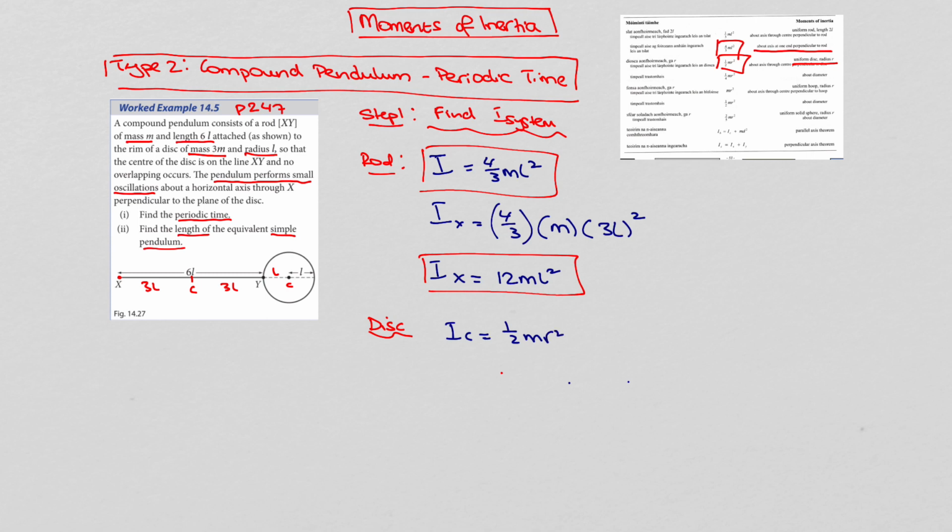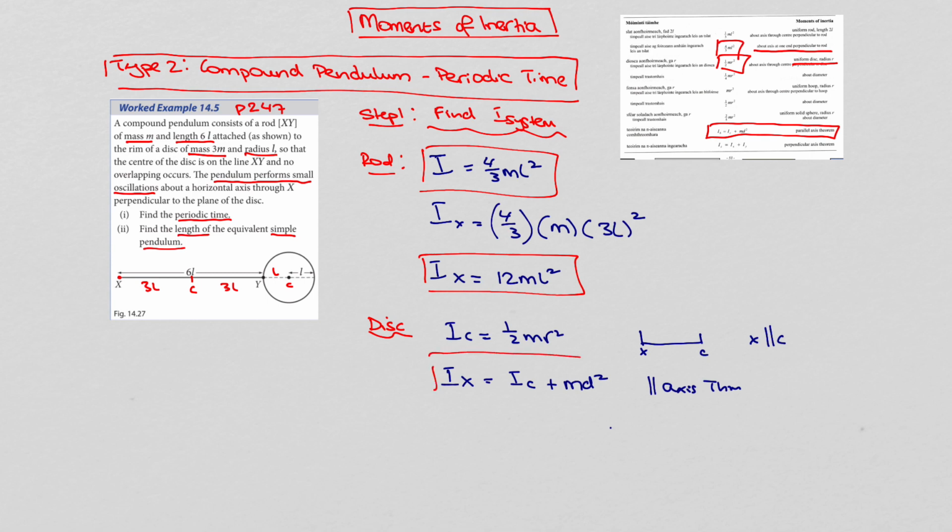But I want it through the axis X. So again, if I just draw to the side here, if I mark in X, if I was to put my pencil on X and I put my pencil on C, we can see that the axis X is parallel to the axis C, which means we have to use the parallel axis theorem, which is the second last here from the bottom. So it's going to be the moment of inertia through C plus md squared. That's our parallel axis theorem.